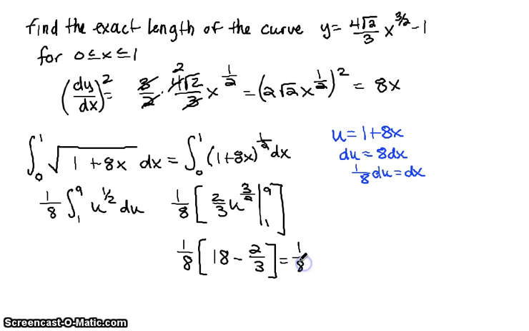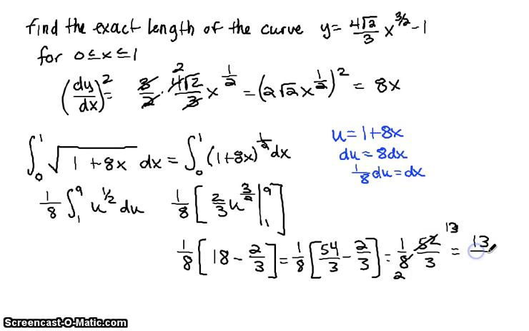So that's going to be 1/8 times 54/3 minus 2/3, which is 1/8 times 52/3. So we can simplify and say divide that by 4 to give us 13, divide that by 4 to give us 2. I'm going to get 13/6 for our exact length of that curve from 0 to 1.